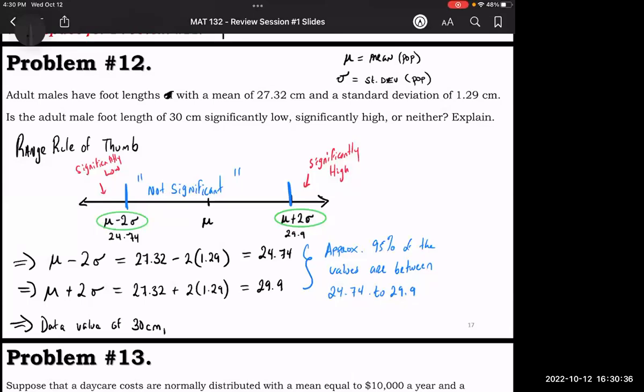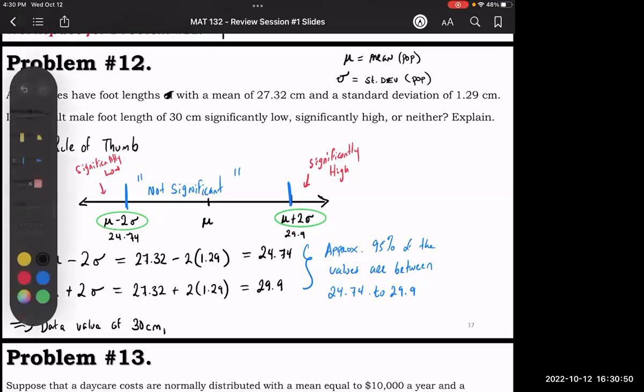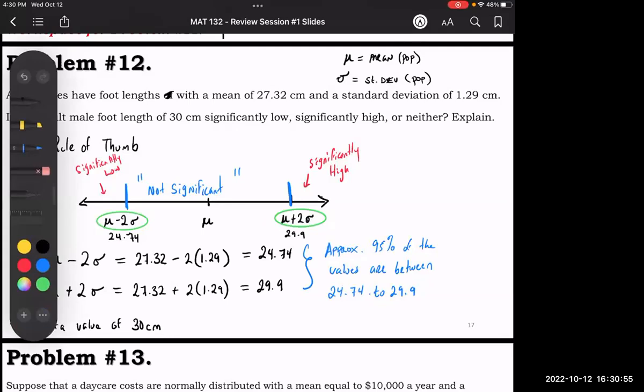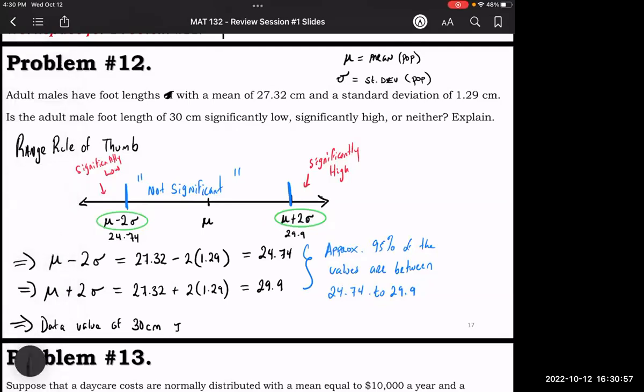Inside or outside? Outside. In this case, it's greater than the mean plus 2 times the standard deviation. It's going to be significantly high. The data value of 30 centimeters is significantly high, because technically speaking, it's located outside of your range.